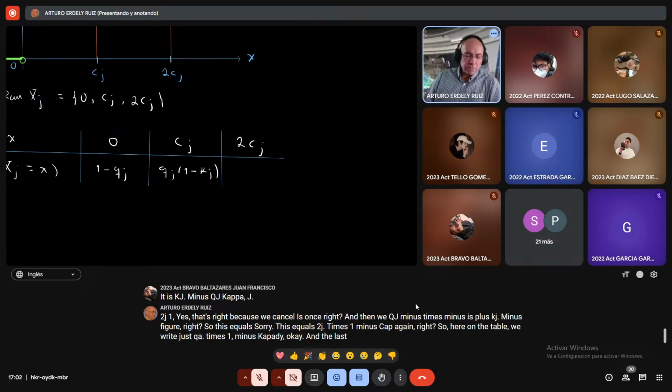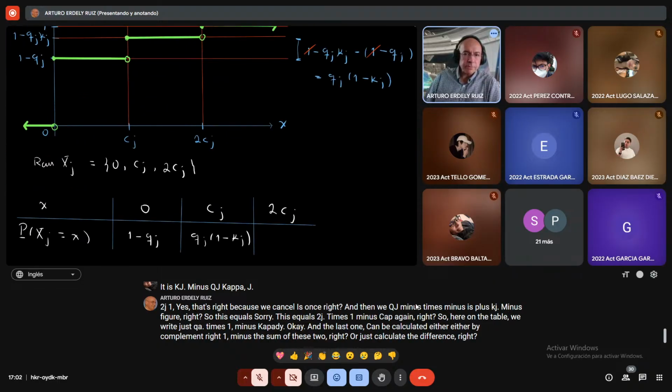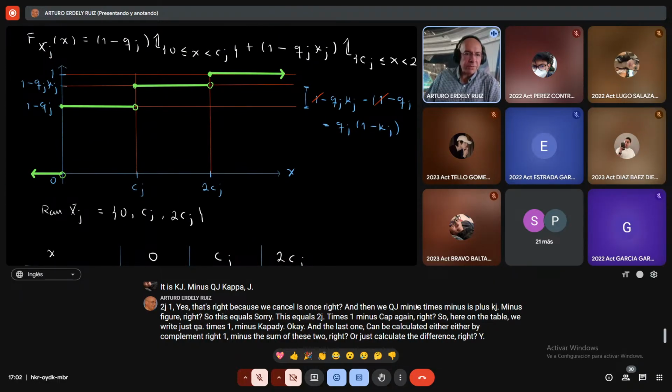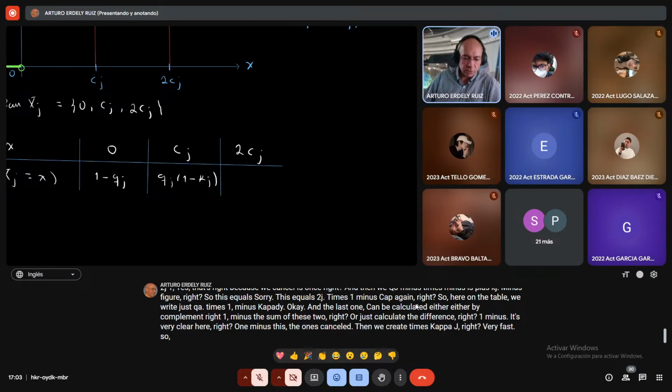And the last one can be calculated either by complement, 1 minus the sum of these two, or just calculate this difference. It's very clear here: 1 minus this, the ones cancel, then we get Qj times kappa j. Very fast. So the last one is Qj kappa j, okay?